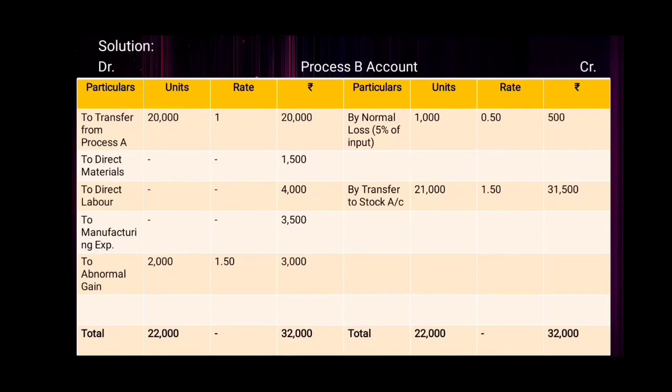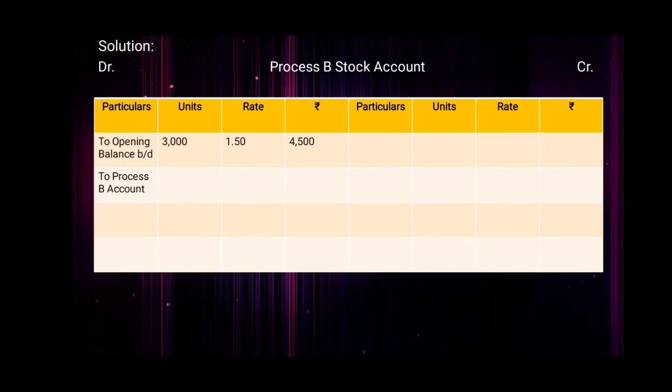Now we'll record the stock amount. Unit is 21,000 at the rate of 1.50, so the total amount is 31,500. This will be transferred to process B stock account. To process B account, 21,000 units at the rate of 1.50, so the total amount will be 31,500.